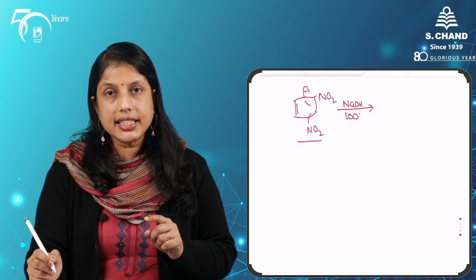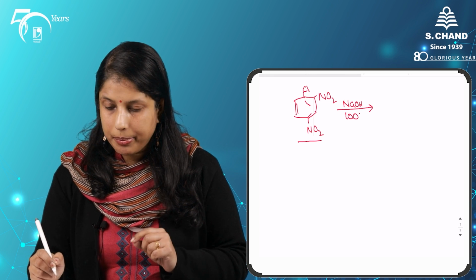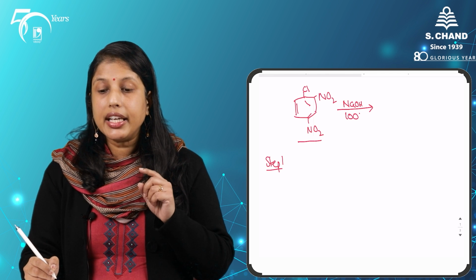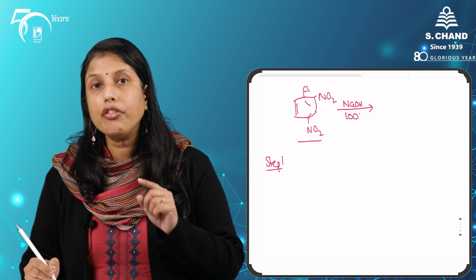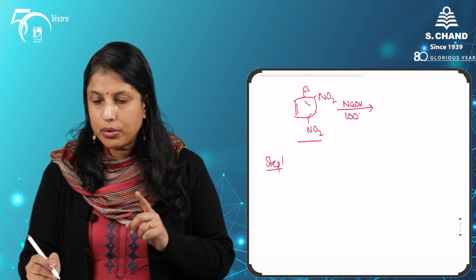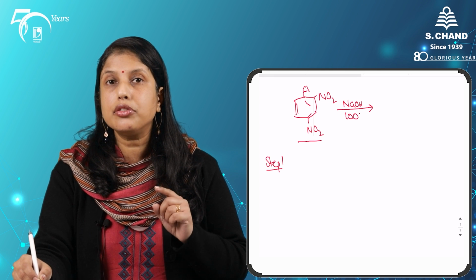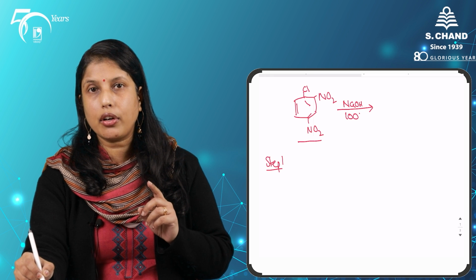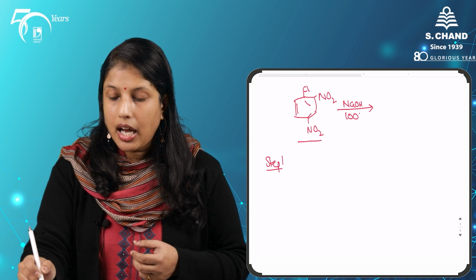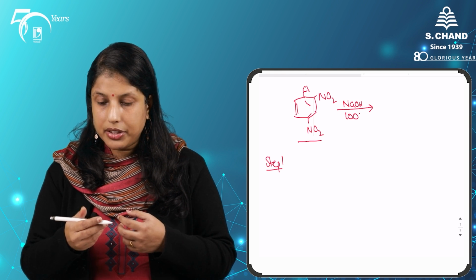Here I have called it my addition-elimination method. So what happens? In the first step, step 1, it will involve the attack of the nucleophile onto this benzene ring. Here you notice that my benzene ring has the presence of two nitro groups, strongly electron withdrawing groups. So they pull the electrons away from the benzene. I also have a chlorine atom, which by nature is also electron withdrawing.